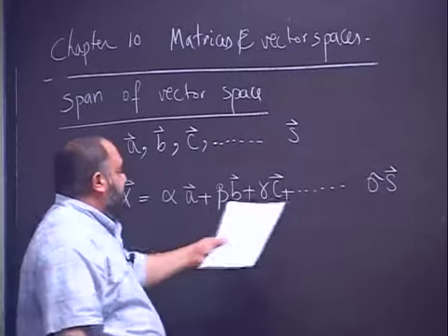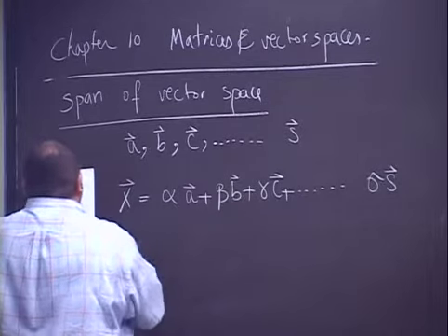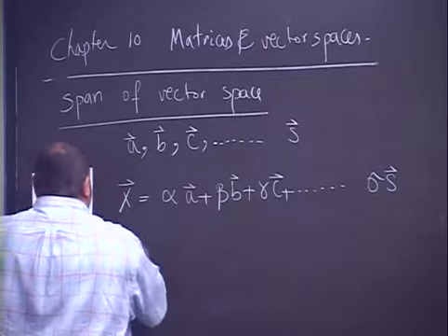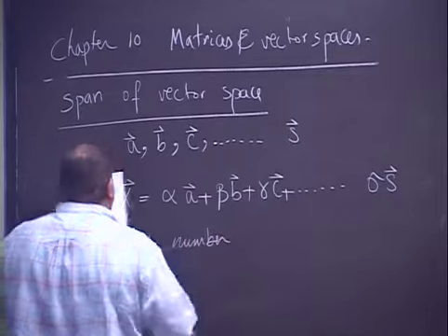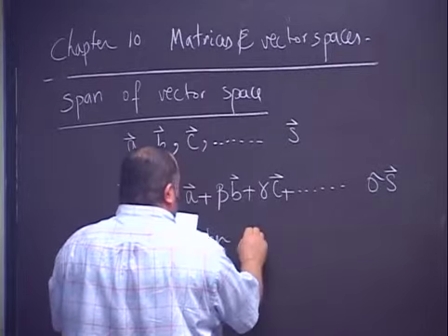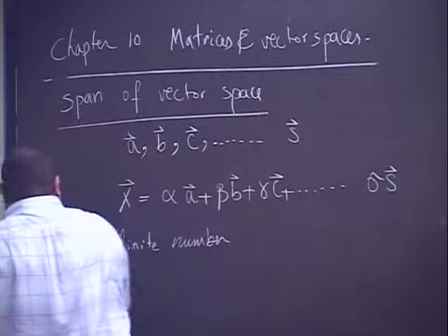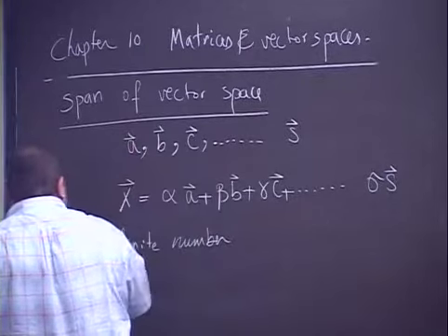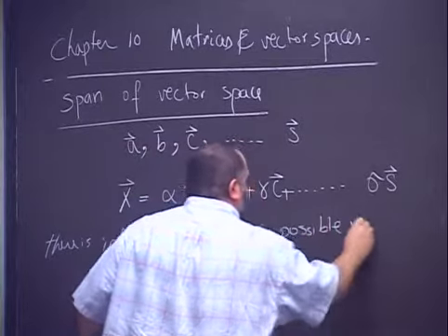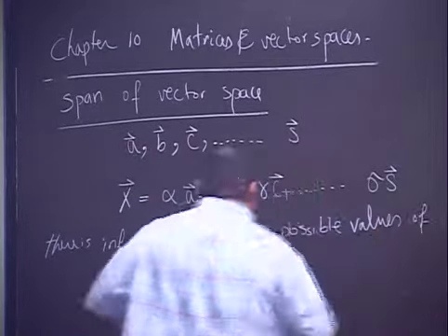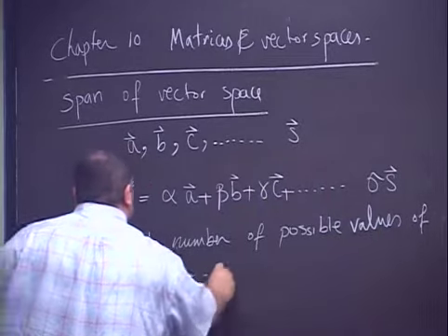So this results in an infinite number of possible values of the scalar quantities, values of alpha, beta, gamma, and so on up to sigma.